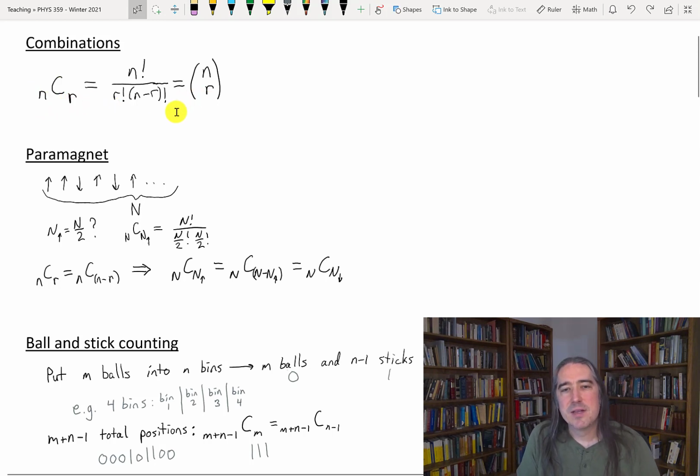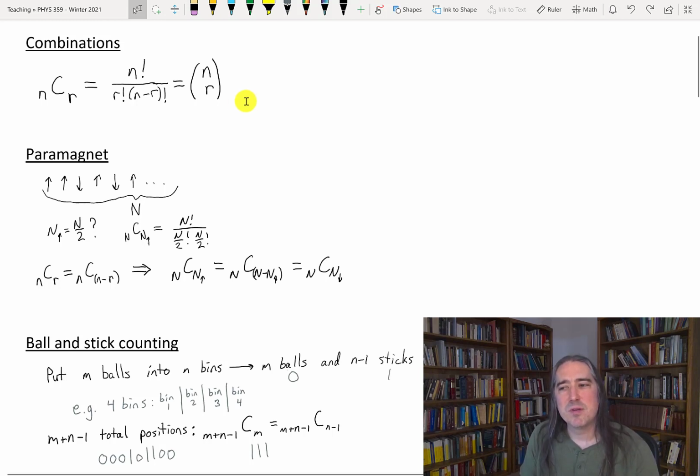So if I've got n objects and I want to choose r of them, that combination n choose r is how many different ways can I choose r objects out of a total set of n. So it takes the form n factorial over r factorial times n minus r factorial, and we'll write it most of the time in this slightly more compact form. It's called a binomial symbol because they come up in the binomial expansion.